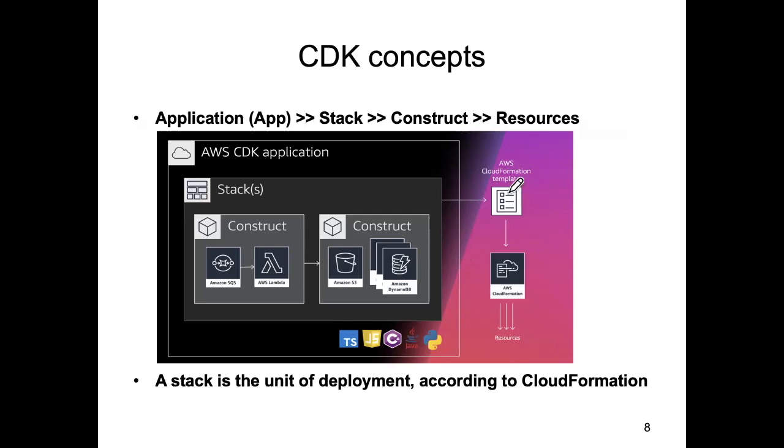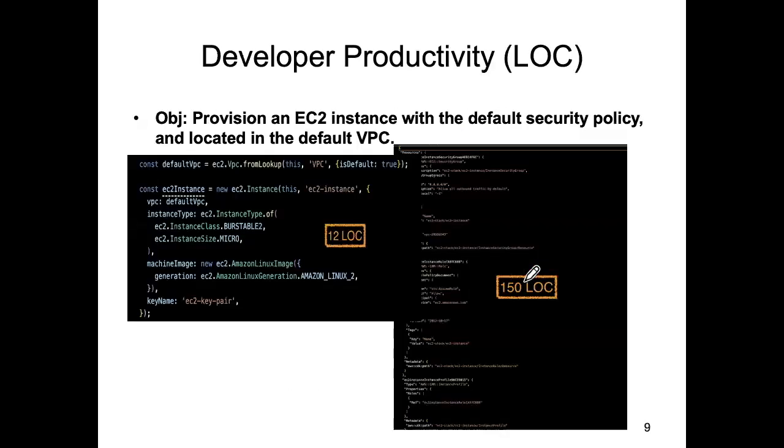And once CloudFormation has its CloudFormation template, it takes care of communicating with the various services to create the resources. A very simple example: if I want to create an EC2 instance, which is essentially a virtual machine instance, using the CDK framework, roughly anyway, I have to write what looks like 12 lines of code.